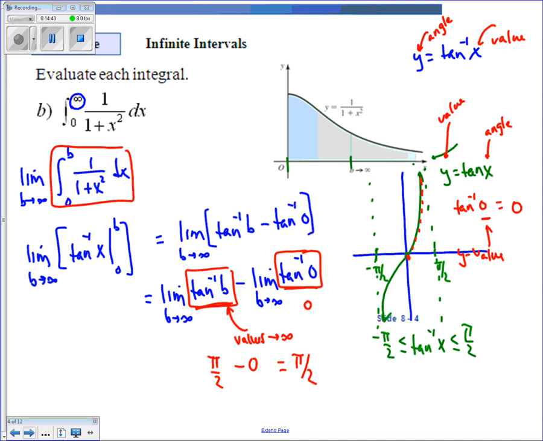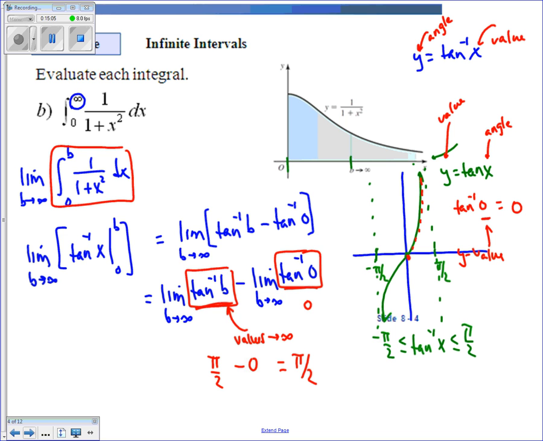So what that means is that this infinite region that we were trying to calculate an area for, under the function 1 over 1 plus x squared from 0 to infinity, actually is convergent. It's getting closer and closer to the value pi over 2. So 3.14 over 2 is what that area is accumulating to.